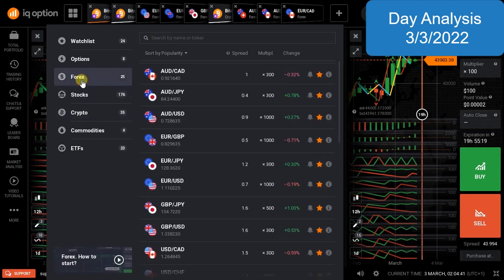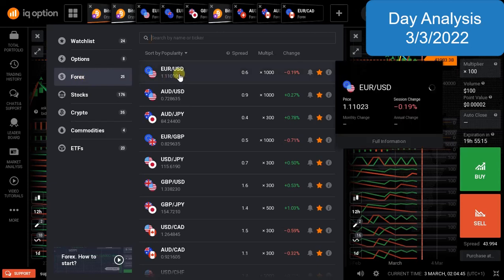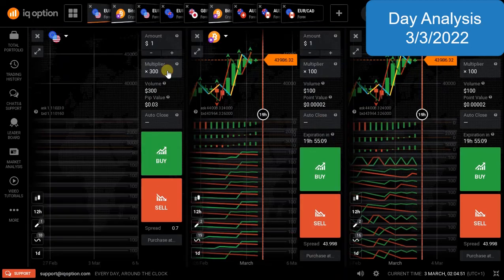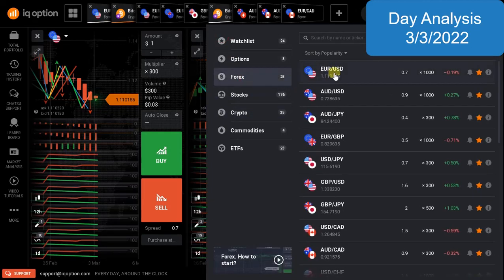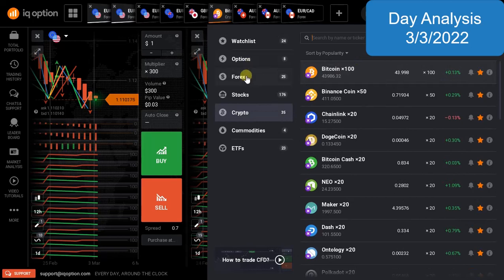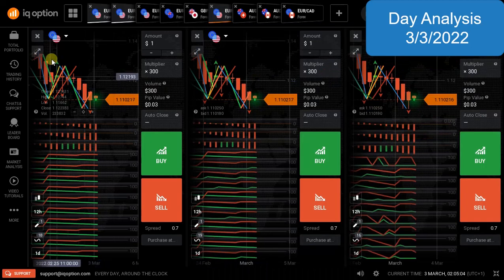So Forex, whereas most of you do Forex, let's start with the favorite, most loved pair, Euro USD. We just switch it on and see how it's going to be moving today. Okay.